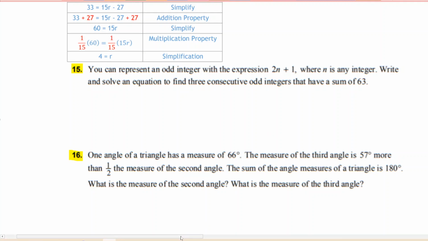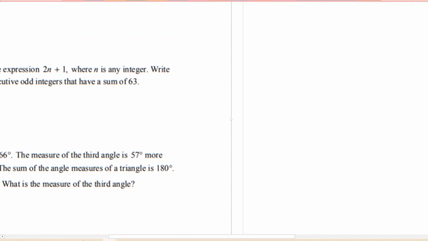How do we do 3 consecutive odd integers? Well, what's my first odd integer? It's going to be 2n plus 1. That's an odd integer, and that was the hint that they just gave us. Now the next odd integer, well, let's see.